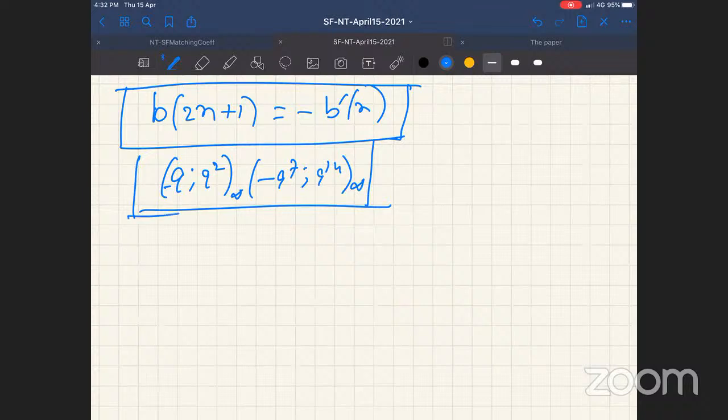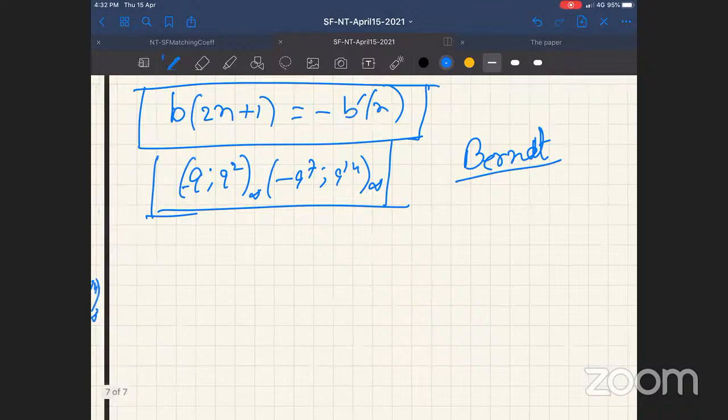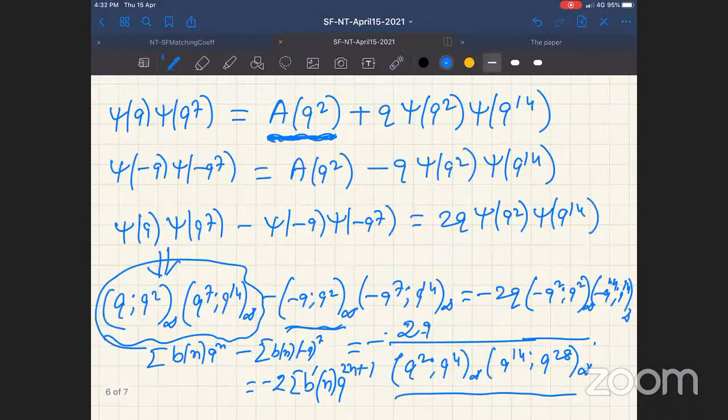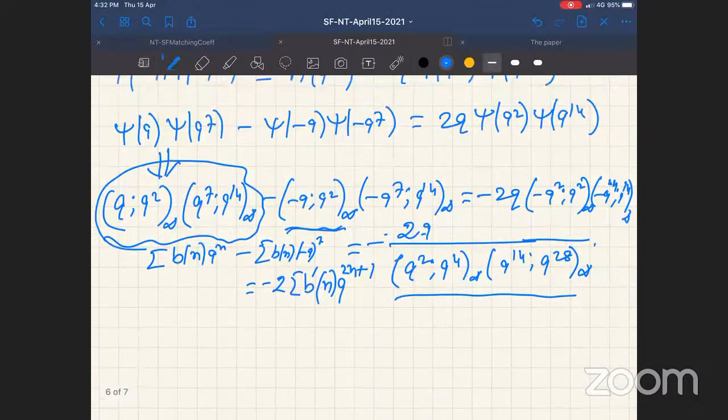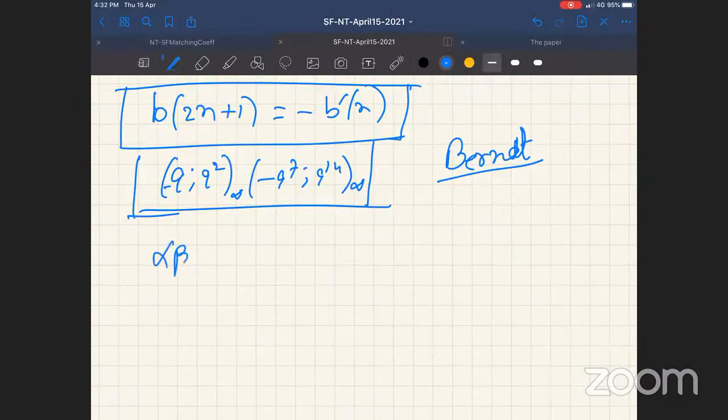Okay, so these results were already discussed. Those partition theoretic results were already discussed by Barnes, which actually follows from Ramanujan's modular equations. So actually, the earlier q-product is equivalent to Ramanujan's modular equation of degree 7.